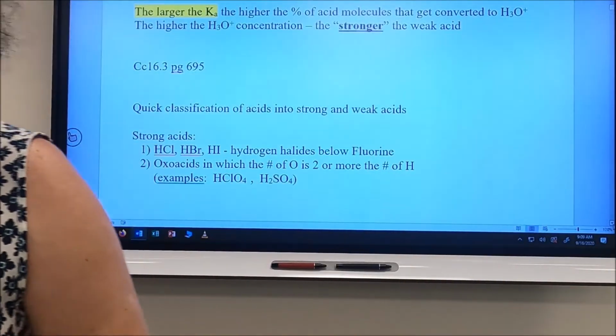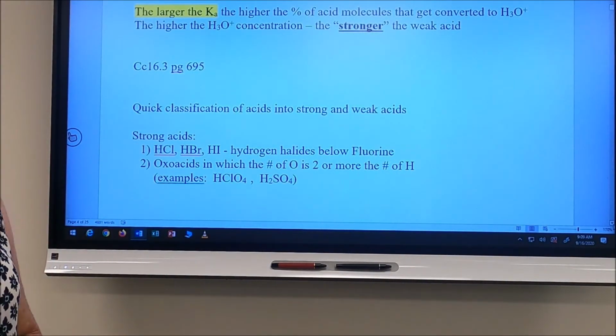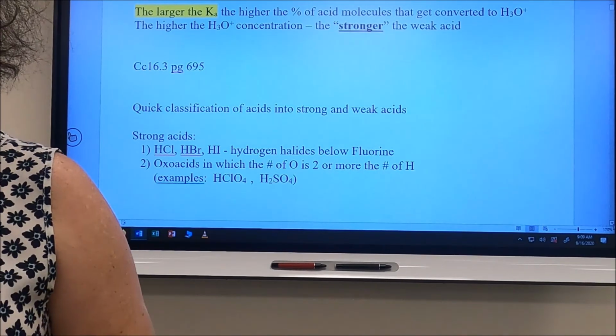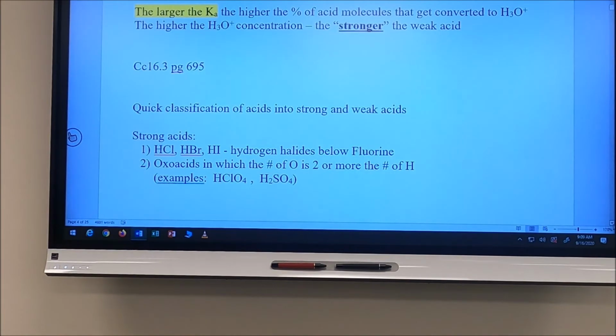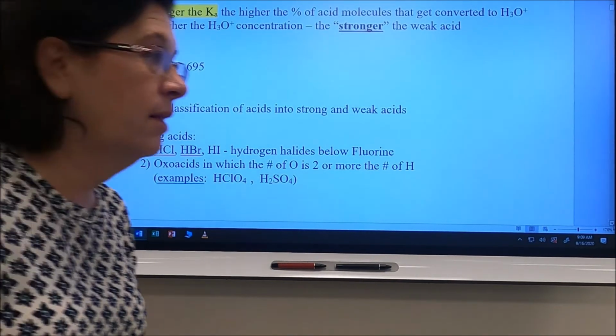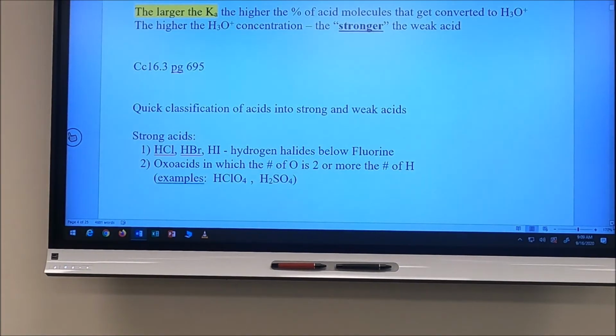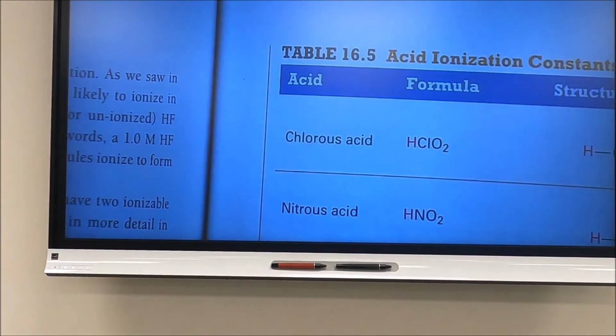So let me show you a table where we can do some kind of comparisons. Page 695 in your textbook. Okay, let me flip over to the document cam. All right.